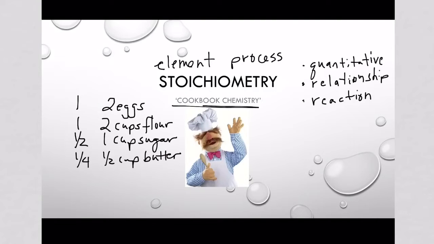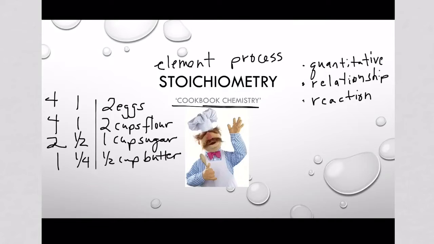All right, but we can do this in another way. Let's say I have a party, and so I need to make double the amount of brownies. If that's the case, then I'm going to need 2 times of everything. So how many eggs would I need? 4, good. How many cups of flour would I need? 4. 2 cups of sugar, and 1 cup of butter.